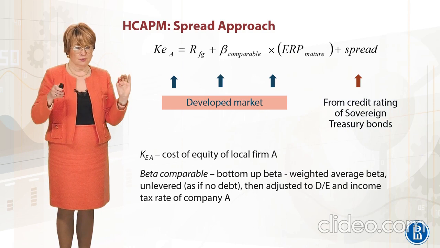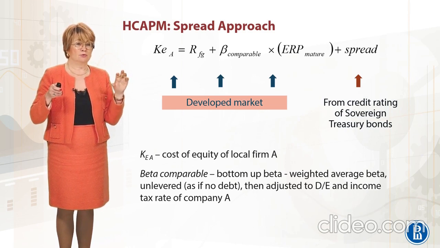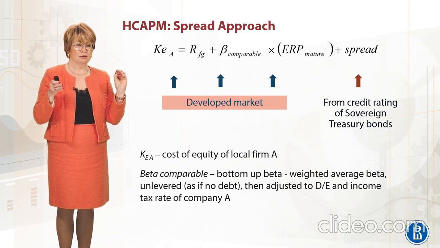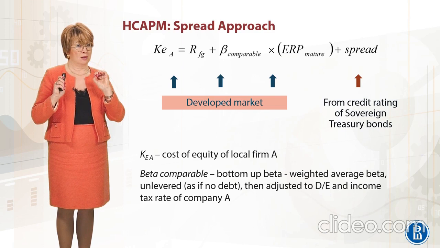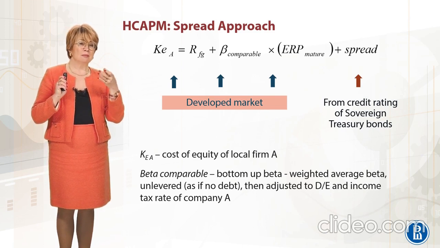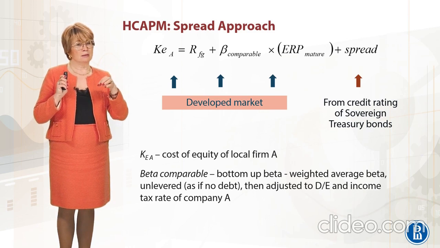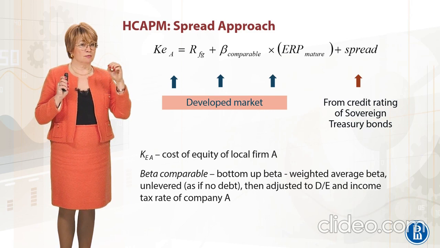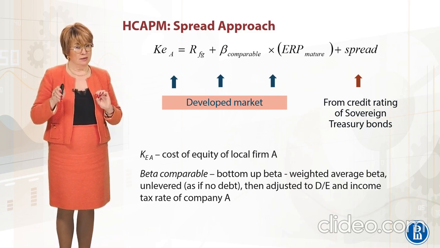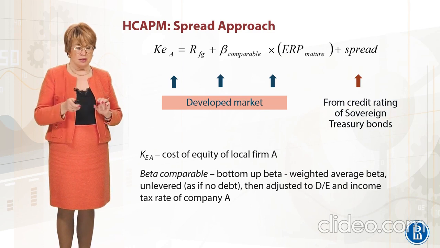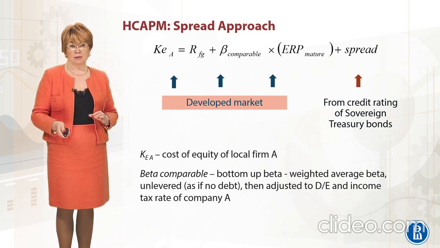Almost all components which are the drivers of the expected rate of return are derived from the foreign market. And only beta has some drivers behind it which represent some qualities of the local company. And the sovereign spread also represents the country risk.